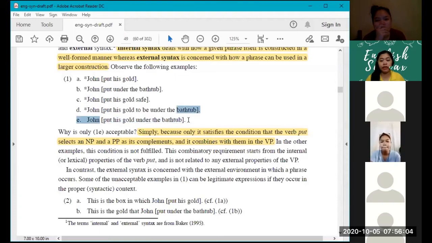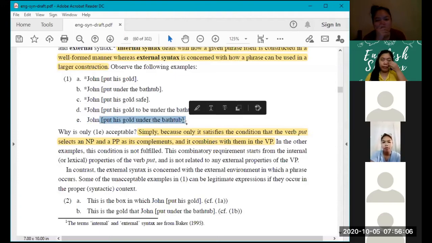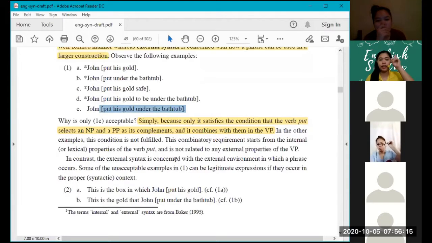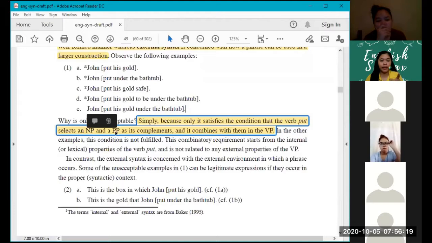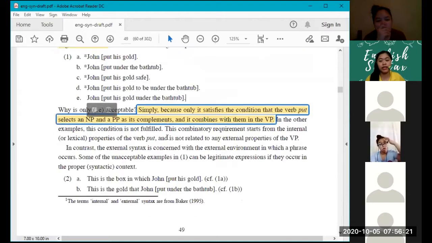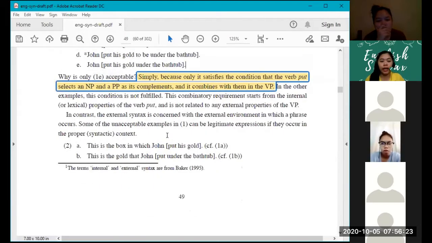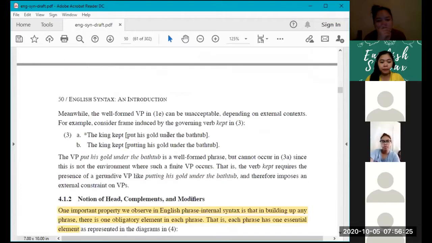This is the VP, the verb phrase. Remember that there are certain rules in English, whereas the head selects the VP, the NP, and the PP of the rest of the sentence. I hope that you have understood that one.